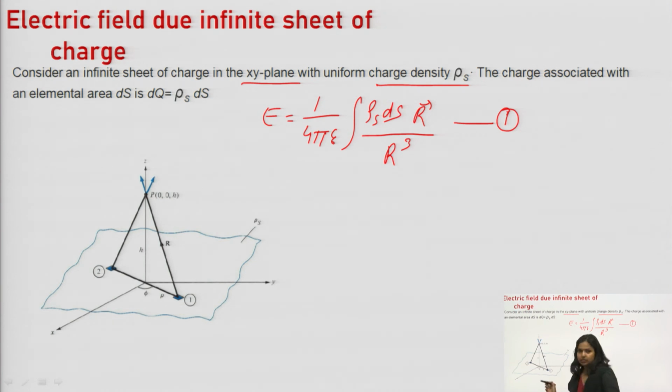What is dS? dS is the small elementary part of this surface area, this infinite sheet. We have taken it here, which is rho distance apart from the origin. So, in cylindrical coordinates, the coordinate of this elementary area dS will be (rho, 0, 0).